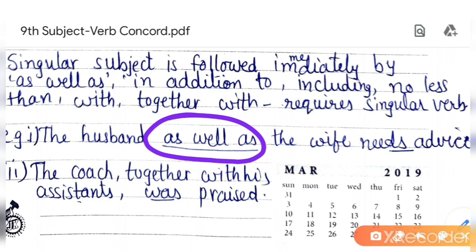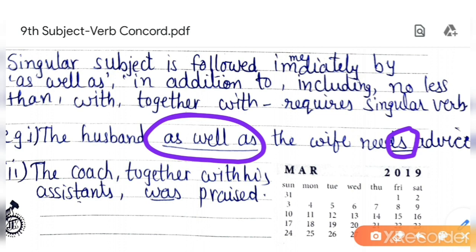See in example, the husband as well as the wife needs advice. Here the phrase as well as is given. Okay, so we use here singular verb needs.